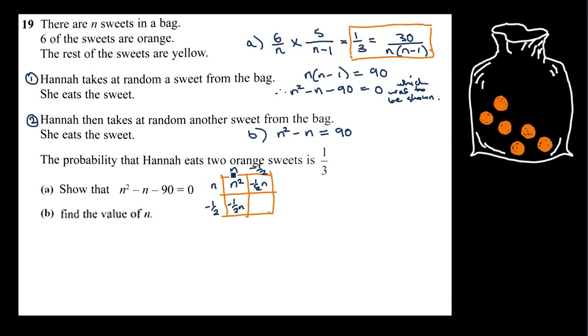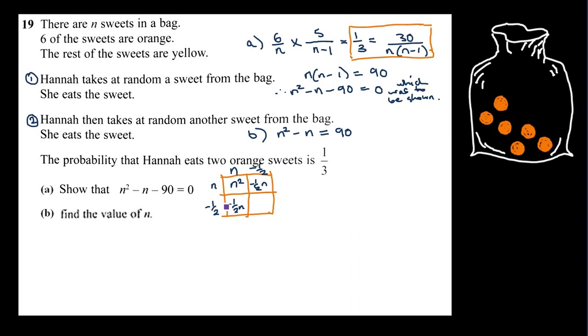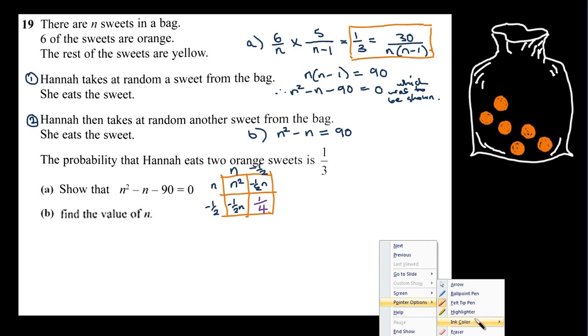Okay, now to complete the square. Well, completing the square is about what will be added, though, if we square n minus a half. Well, what will be added is a minus half times minus a half. In other words, let's do this in a slightly different colour. There we go. In other words, minus half times minus half, positive 1/4. So that's that little extra that we add when we complete the square.